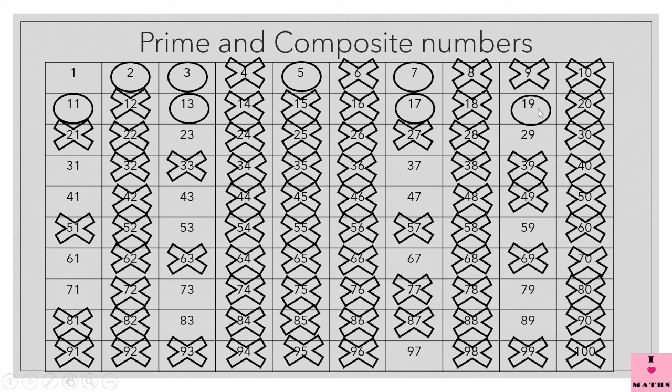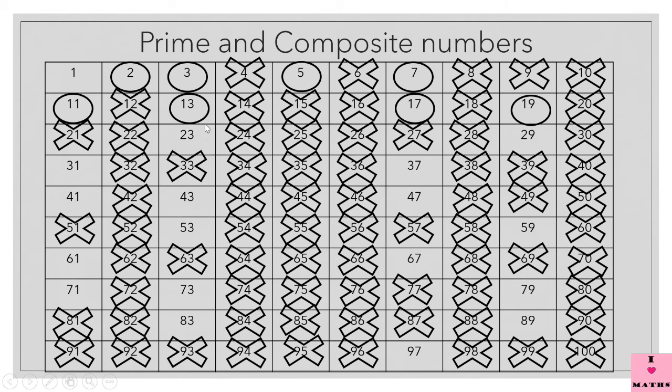I have encircled 19 and let us see its multiples. 19 twos are 38, 19 threes are 57, 19 fours are 76, 19 fives are 95, and 19 sixes is 114, which is not here. So, okay, that's all. The next number after 19, which has not been crossed, is 23.